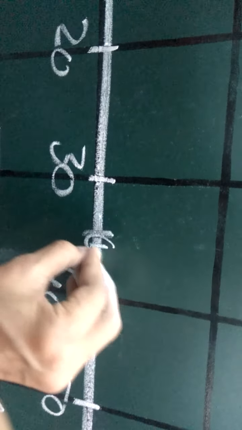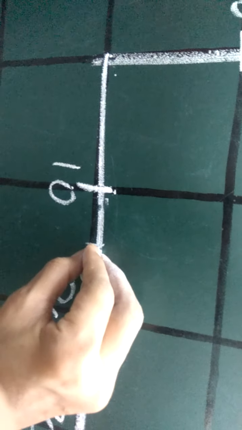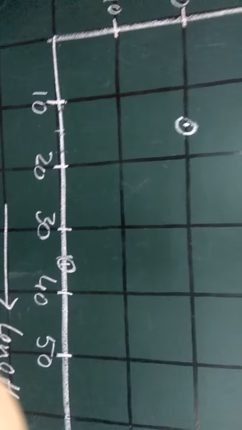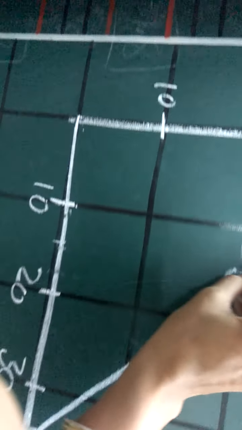On the graph you will get the exact value. So this is 36. Then second is x 16, y 20. Where is x 16? This is 15, mid of this and next to this. And y 20, here is y 20. Now use the scale to join the 2 points and you will get a straight line in this way.